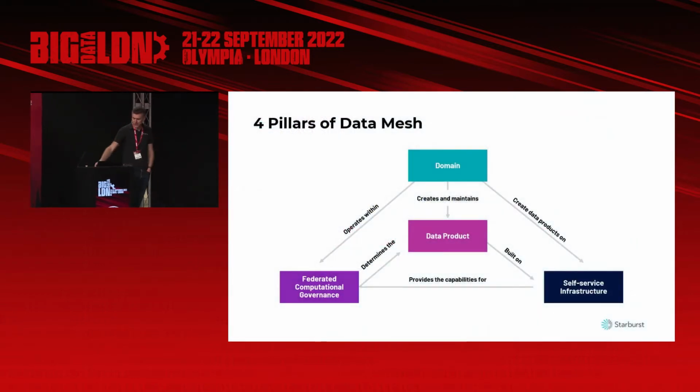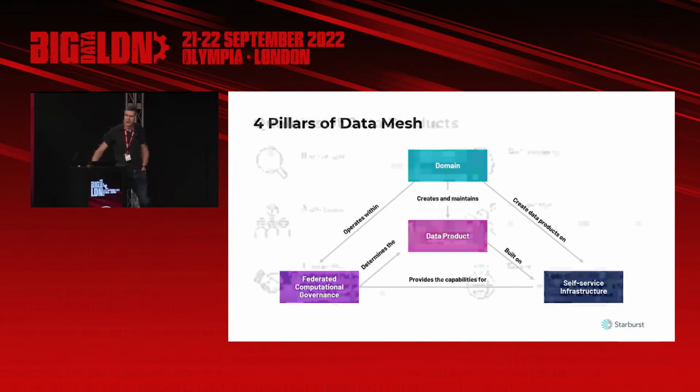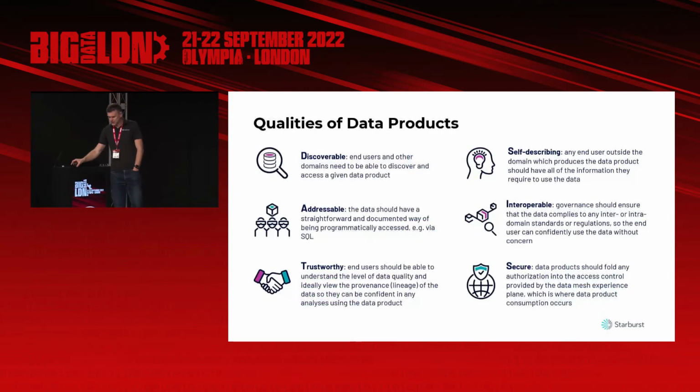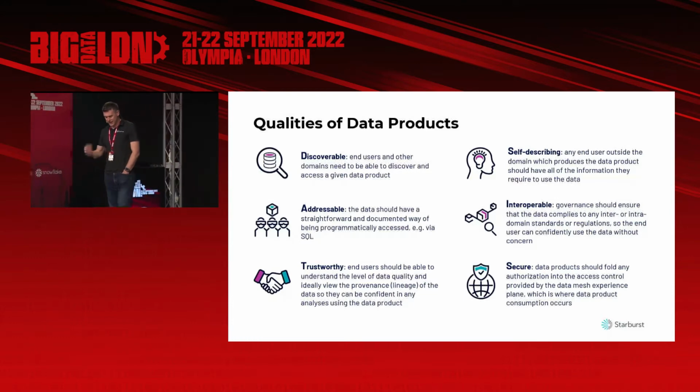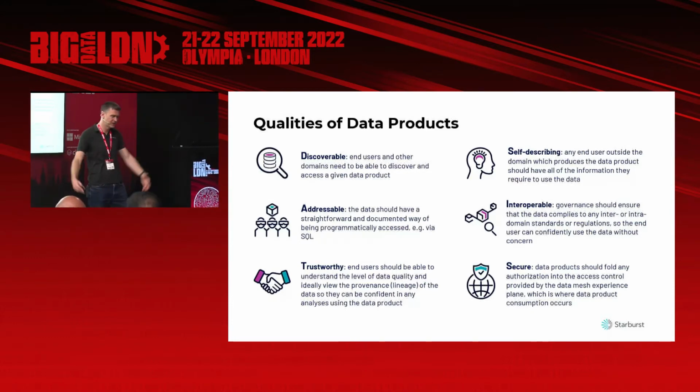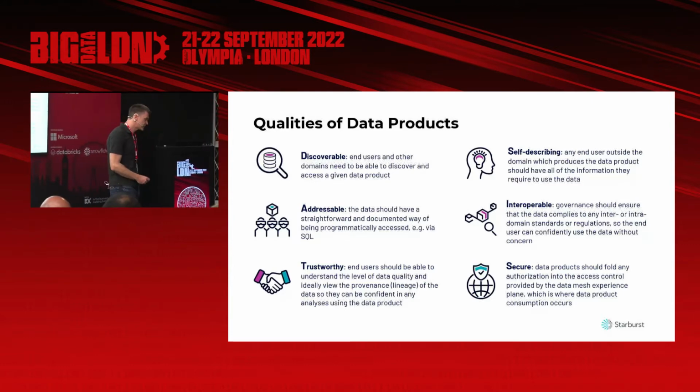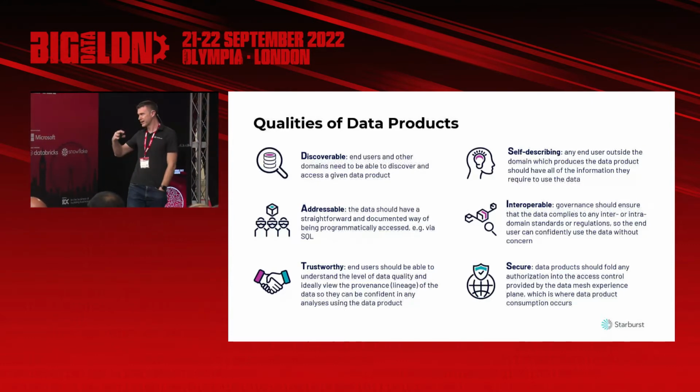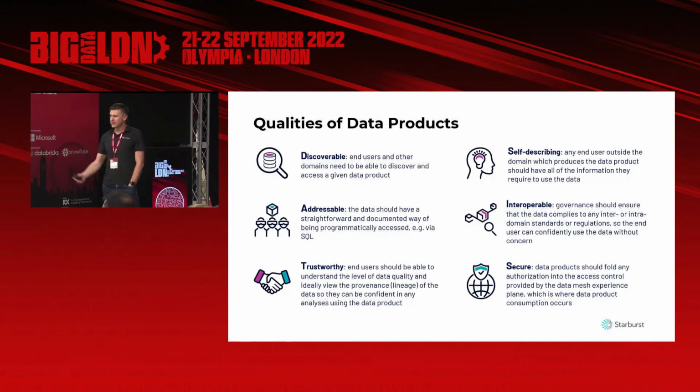So this is my depiction of the 4 pillars of data mesh that I was describing. Now I'm going to move on to this set of affordances, which is the term in the data mesh literature. There's a longer list, and we can get into things like lineage, which maybe falls under trustworthiness.